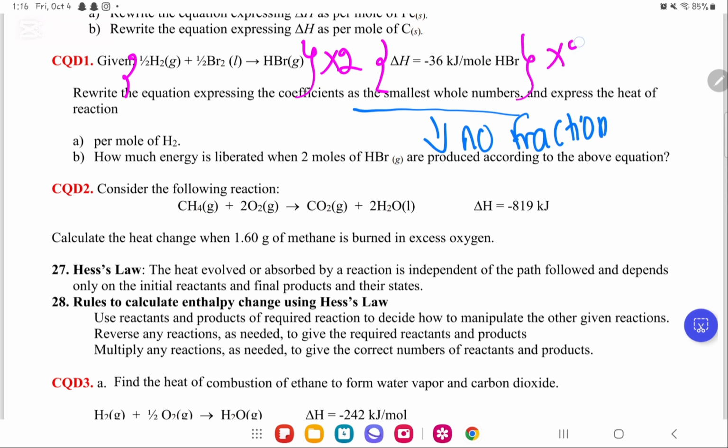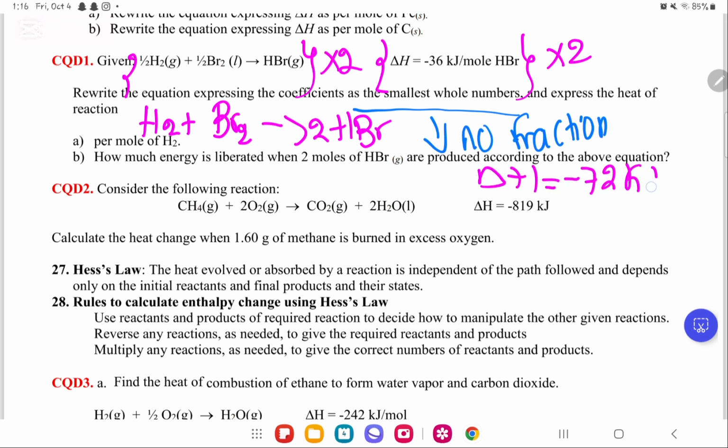So even the delta H is going to be multiplied by 2. Now, if we multiply by 2, we are going to get H2 gas plus Br2 liquid gives us 2 HBr, and our delta H is going to be negative 72 kilojoules per mole.